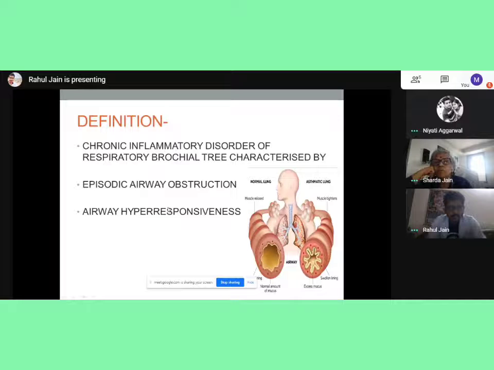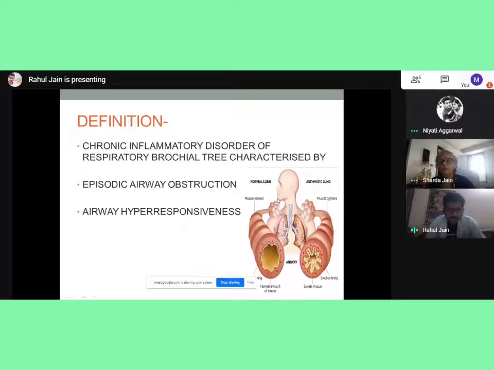If a normal person who is not prone to asthma inhales an allergen or pollen, there may be a similar response, such as coughing, because the pollen is an irritant, but the airway is not as hyperresponsive as in bronchial asthma. Asthmatic people have an exaggerated response to something trivial such as pollen.